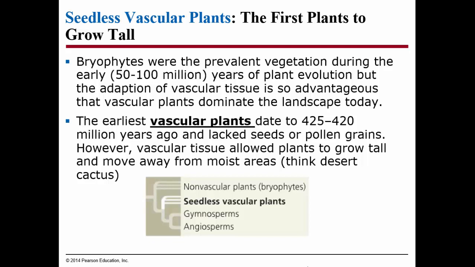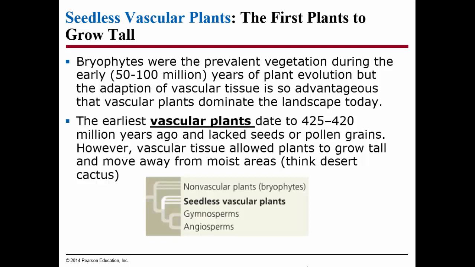Okay, now it's important to note that these plants also reproduced using spores, just like the non-vascular plants. But the evolution of vascular tissue assisted in transporting water and nutrients from the soil upward and allowed plants to grow much taller.